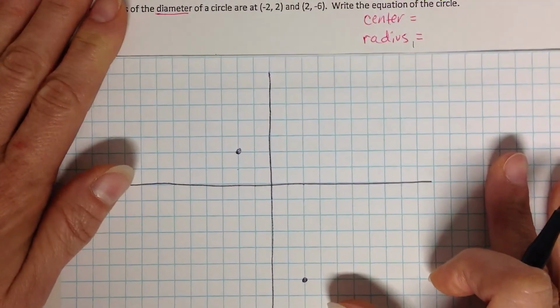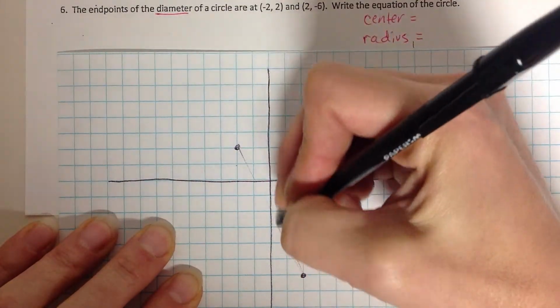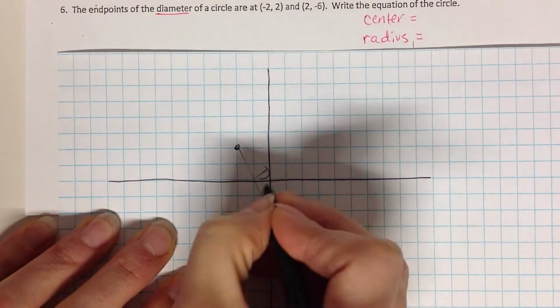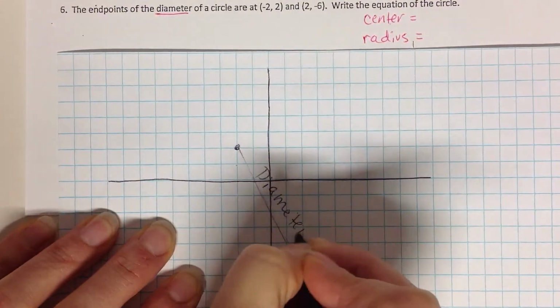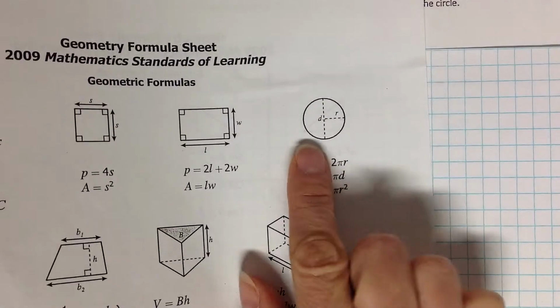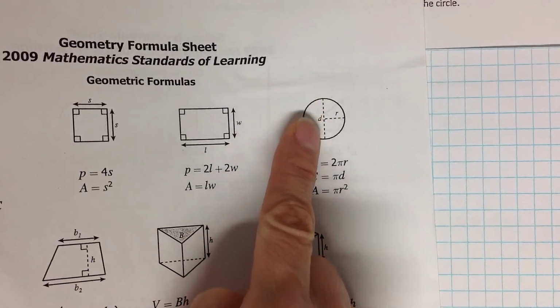So what I have here are the endpoints of my diameter. If you've forgotten what a diameter is, look at the front of your formula sheet. Oh yeah, wait, diameter is the whole distance across the circle going through the center.